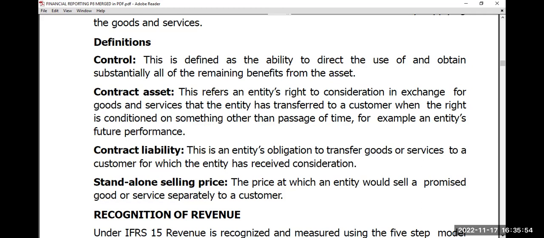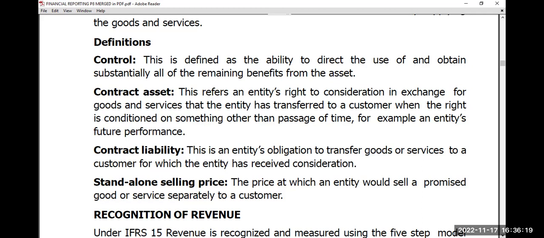You may find that the company is delivering certain items at a given price when they are in a group. But for the standalone selling price, we are trying to look at what will be the price of each item that has been included in the group.